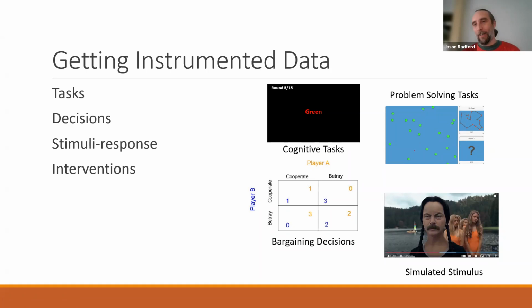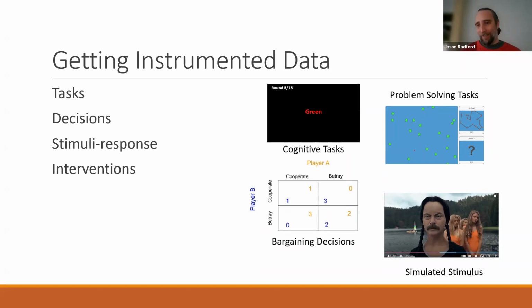If you're in cognitive psychology, social psychology, you're very familiar with these cognitive tasks where you're getting people to respond quickly and simply to some stimuli. Another one is decisions. So, again, these bargaining decisions, like a prisoner's dilemma, they can also be you give people $100 and they have to allocate it to multiple causes, and you want to measure which cause do they give more money to.